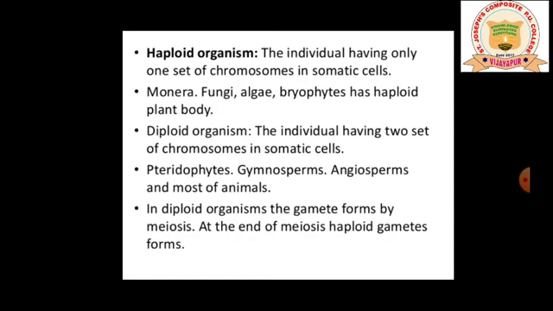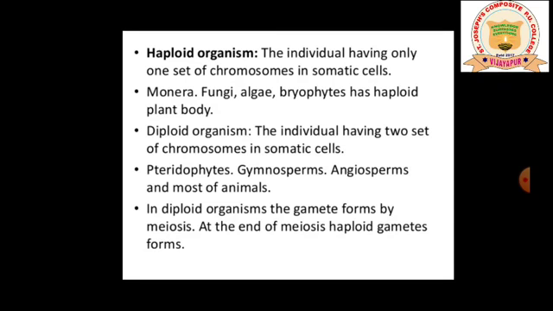Diploid organisms are individuals having two sets of chromosomes in somatic cells. Examples are pteridophytes, gymnosperms, angiosperms, and most of the higher animals. In diploid organisms, the gametes are formed by meiosis. At the end of meiosis, haploid gametes form.